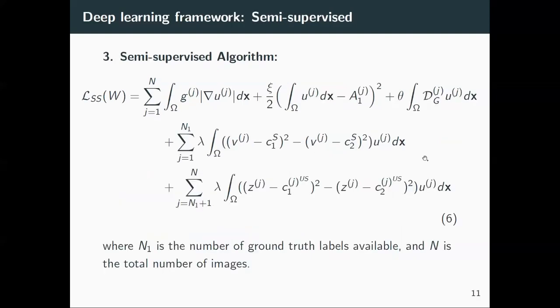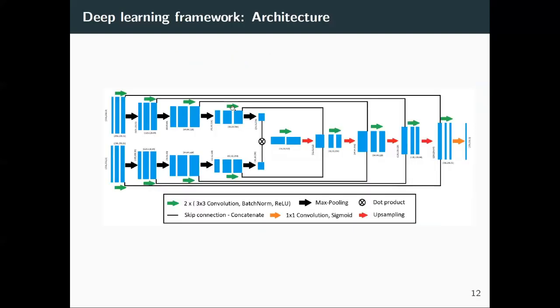In addition to those two approaches, we can take a semi-supervised approach where we combine the two. If we have N1 ground truth labels available, we use the supervised approach, and for the rest of the images, we use the unsupervised fidelity. Okay, so this is the architecture.